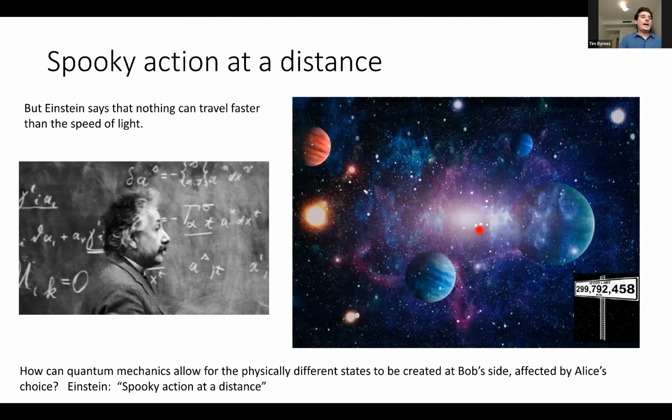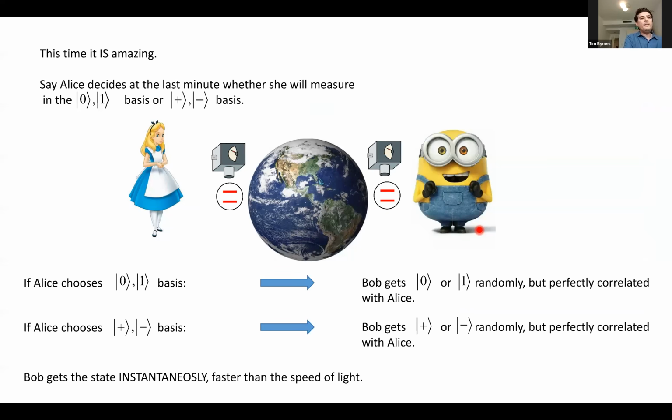It's action at a distance because it seems like you can affect things which are very far away from you, even though nothing actually travels between those two points. Not even light can go between Alice and Bob, because it happens instantaneously. There are no particles, there's nothing between them, yet you can affect the outcome of Bob.